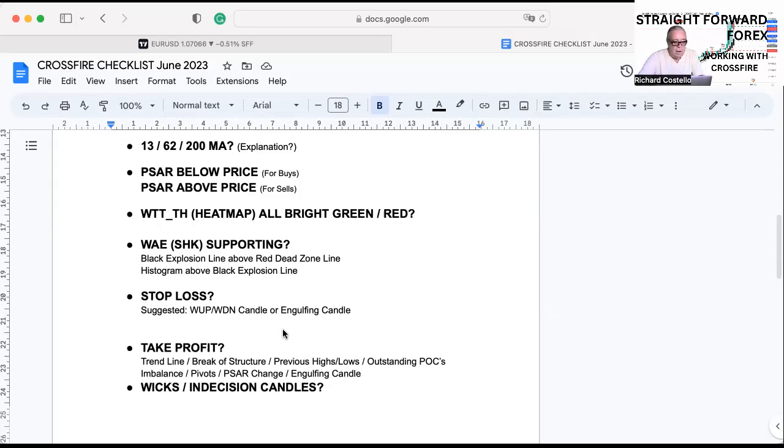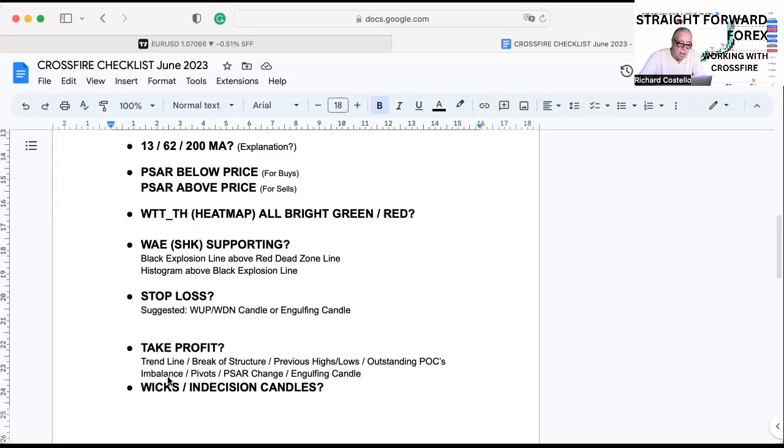Now, I put on there that there are a number of options. You can choose any trend line. If we're doing the Crossfire trend line, you put 2 trend lines on the chart before you start trading. You can go to a break of structure point. You can go to previous highs or lows. You can go to outstanding POCs.